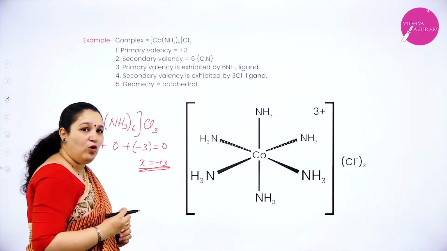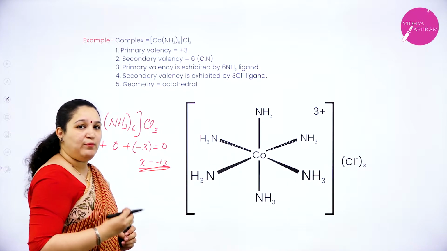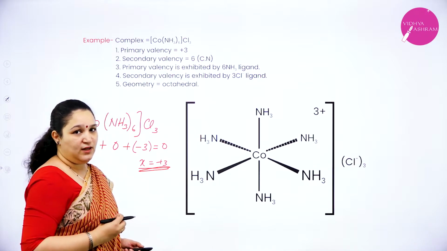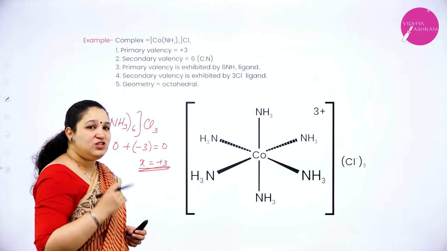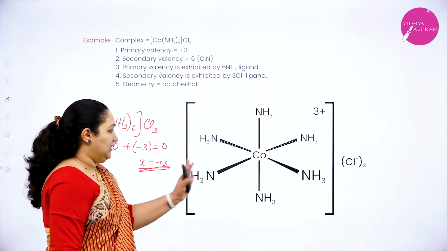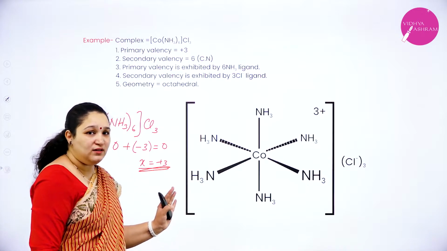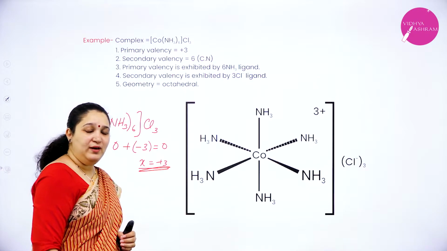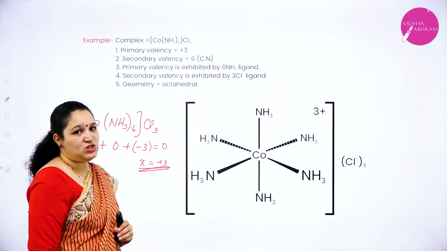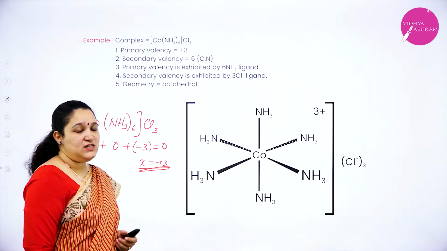I hope you have understood about Werner's theory. As the coordination number is 6, this particular complex has got octahedral geometry. Okay. So, I hope you have understood about Werner's theory.